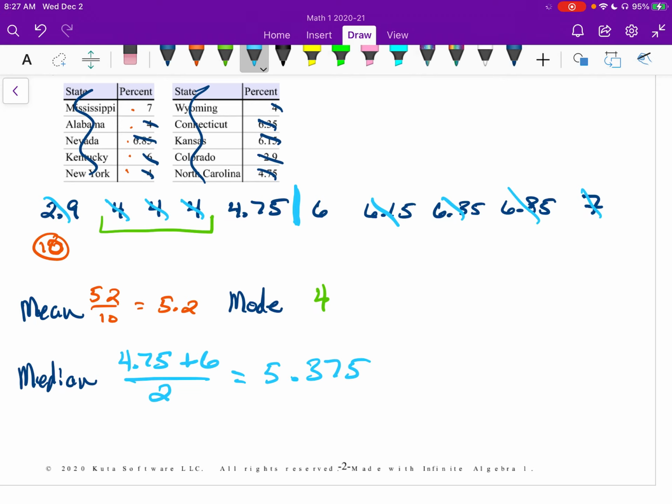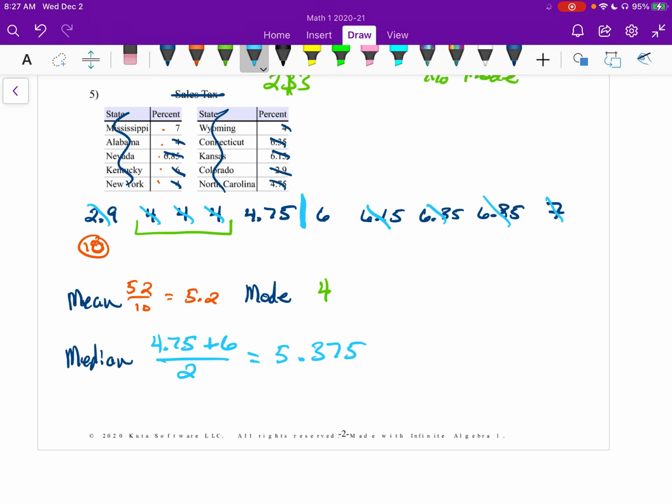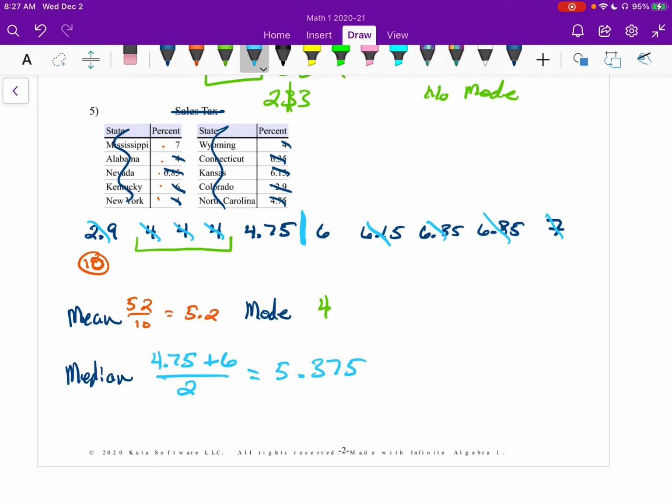And I think that CUDA would round that. Let me check. Nope, CUDA will leave it just like that. So again, whenever your median, and this will happen whenever you have an even number of numbers, your median will happen between 2 numbers, and you'll have to find the average of those 2 numbers. So, all right, that's that.